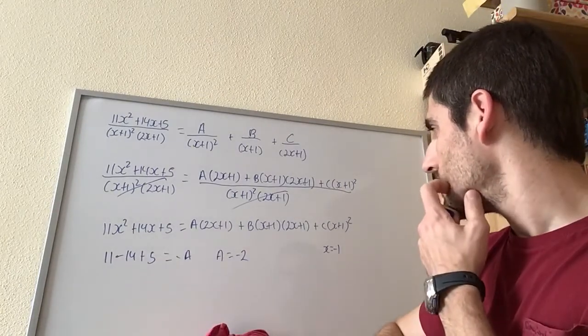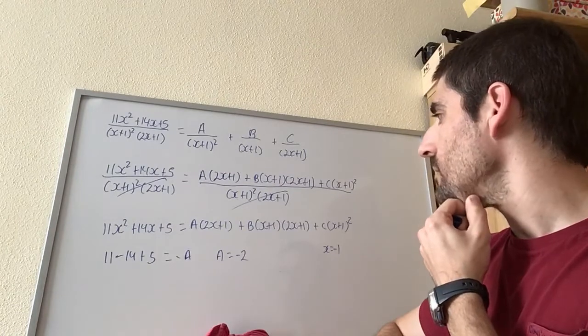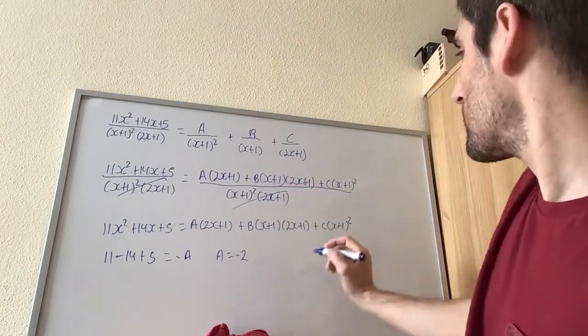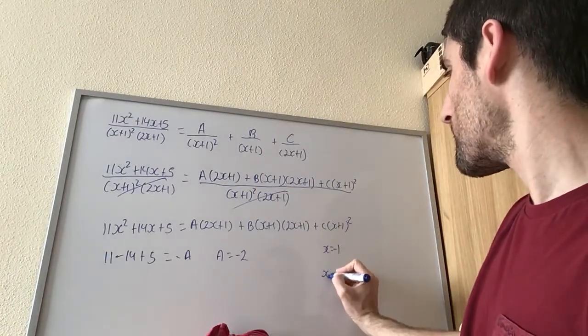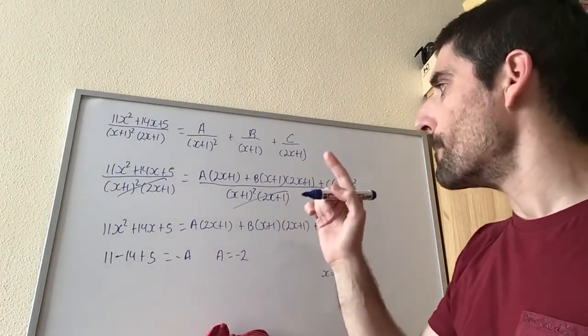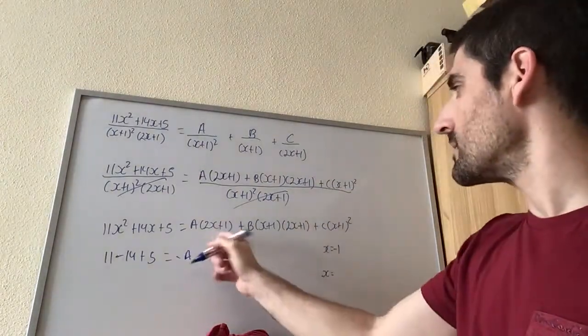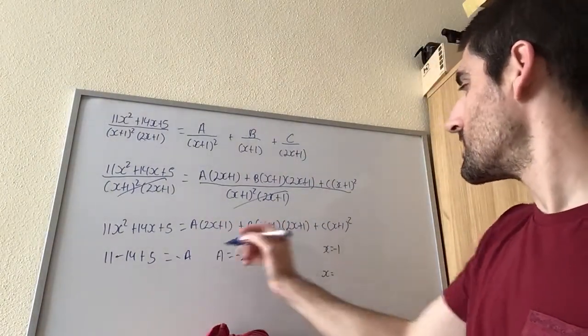What other value am I going to substitute in that? I'm going to substitute x equals minus a half, because minus a half will make these two brackets disappear.